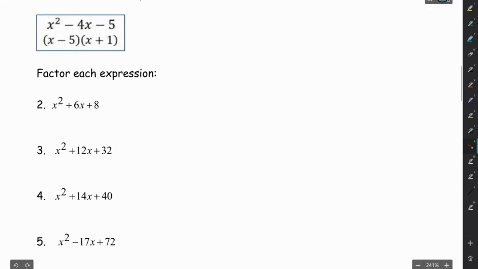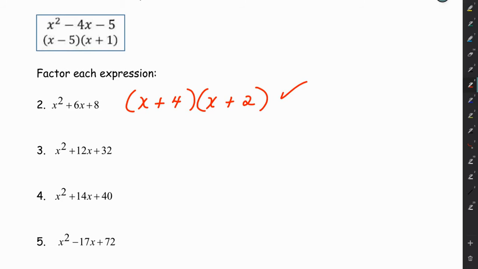So let's do number 2 together. Two numbers that multiply to 8 and then add to 6. Okay, so that would be 4 and 2. Done. All right, what I would suggest at this point is pausing the video and then come back and check your work.